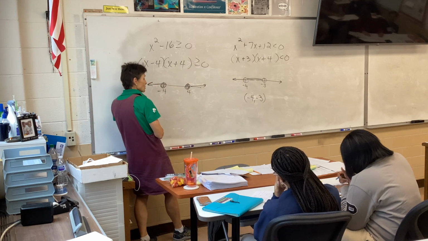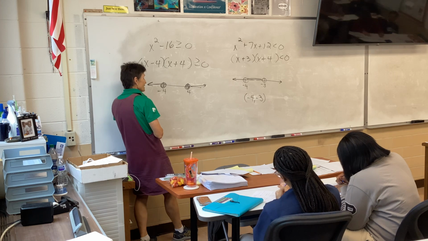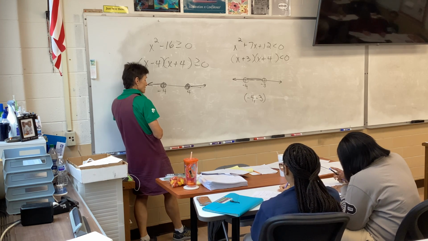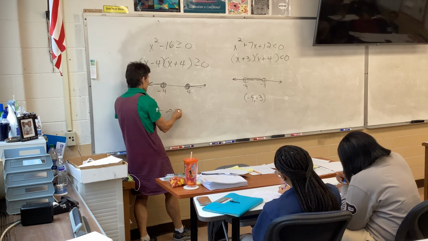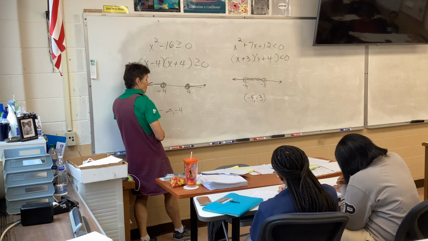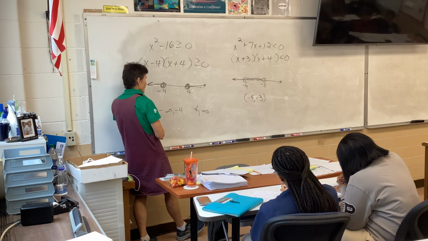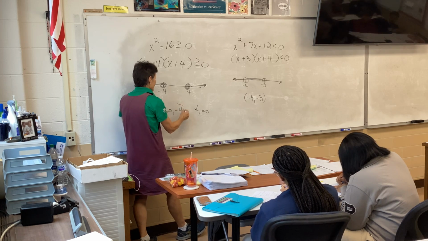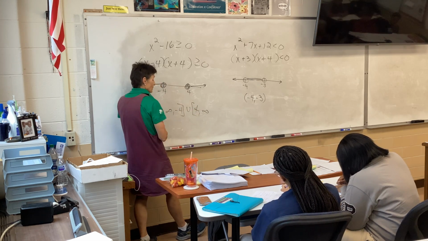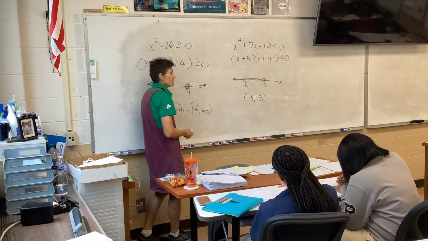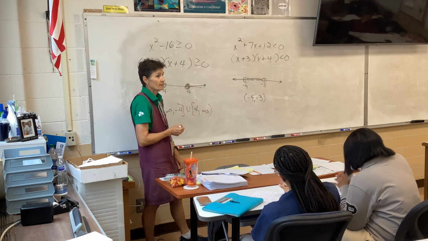So my answer, written in interval notation always, will be negative infinity, negative 4. For infinity, should I be using brackets or parentheses? Brackets on the 4s, but always parentheses on the infinities.